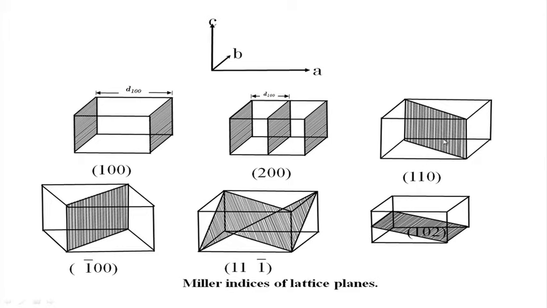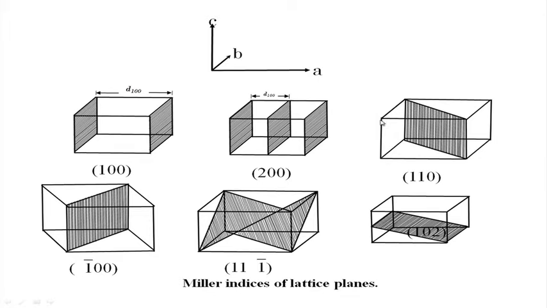This plane is the 1 1 0 plane. That also you can easily find out, because this is the a axis, so this plane intersects at 1a, and this is the b axis, so this plane intersects at 1b, because this is the unit cell. This distance is between these two corner lattice points. This will be a, this will be b, and the other one is the c axis.